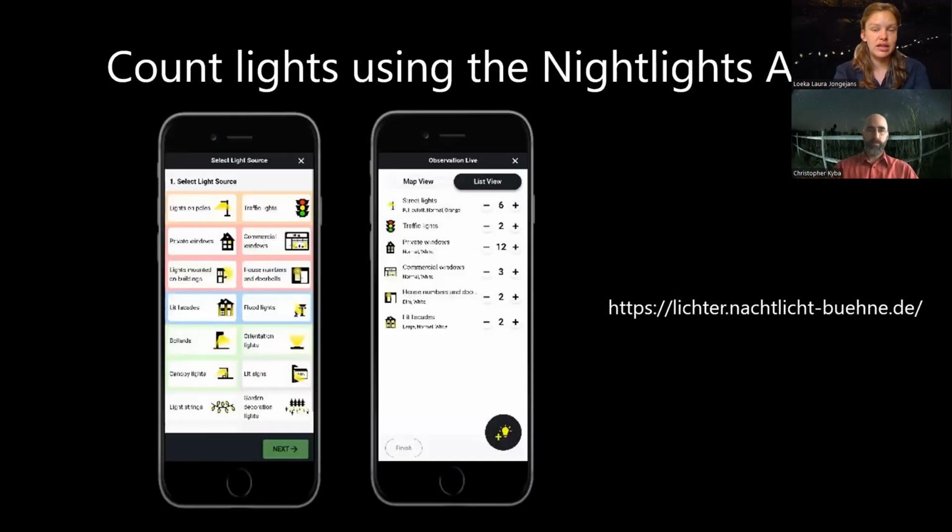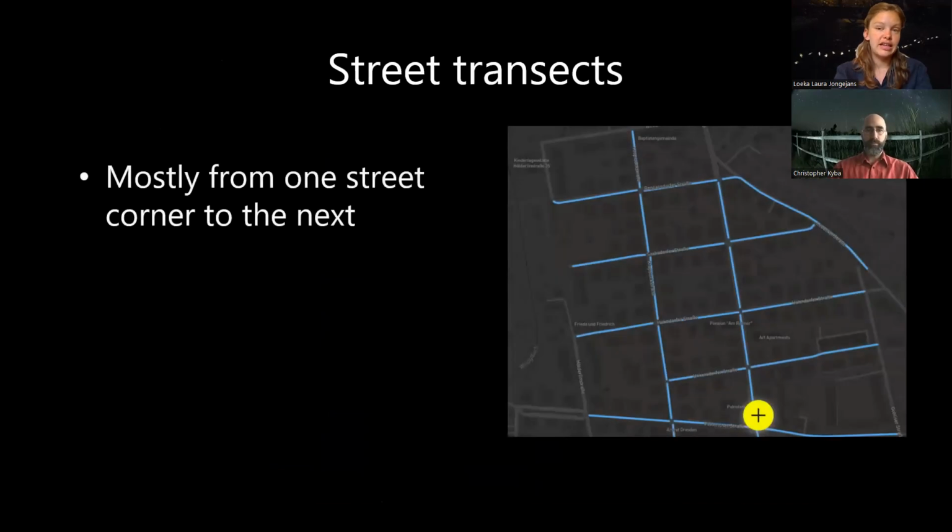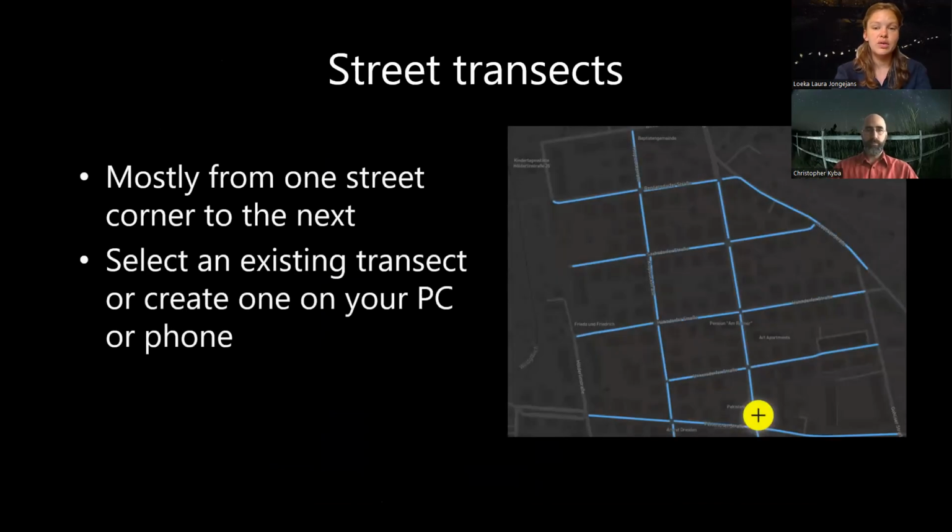And this you do with the Nightlights app. It's really easy to use. You pick a street, and then you walk down the street while putting in the lights that you see on the street that are on. For that, you have to select where you want to count. You can either do this by selecting an already defined transect or by creating one yourself.